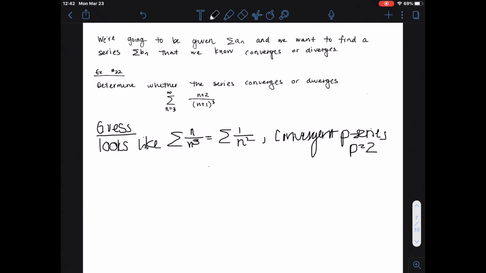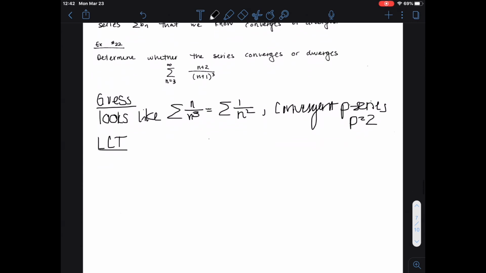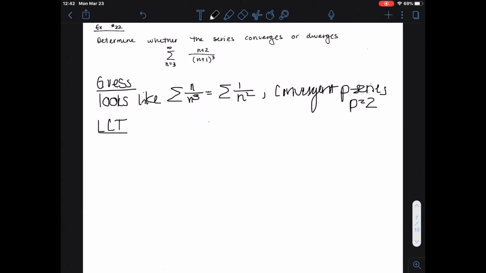So what we want to do is apply the limit comparison test. So you've still got to show that both of these terms are positive. So an, doesn't matter which one you call an and bn, makes no difference. You've got the (n plus 2) over (n plus 1) cubed.